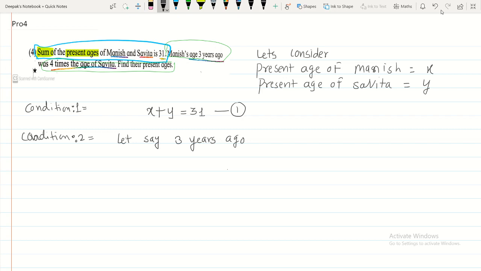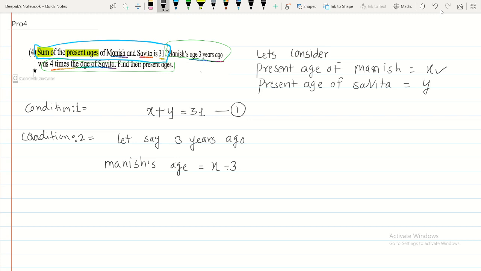So what was Manish's age 3 years ago? If the present age is x, then 3 years ago his age will be x minus 3.